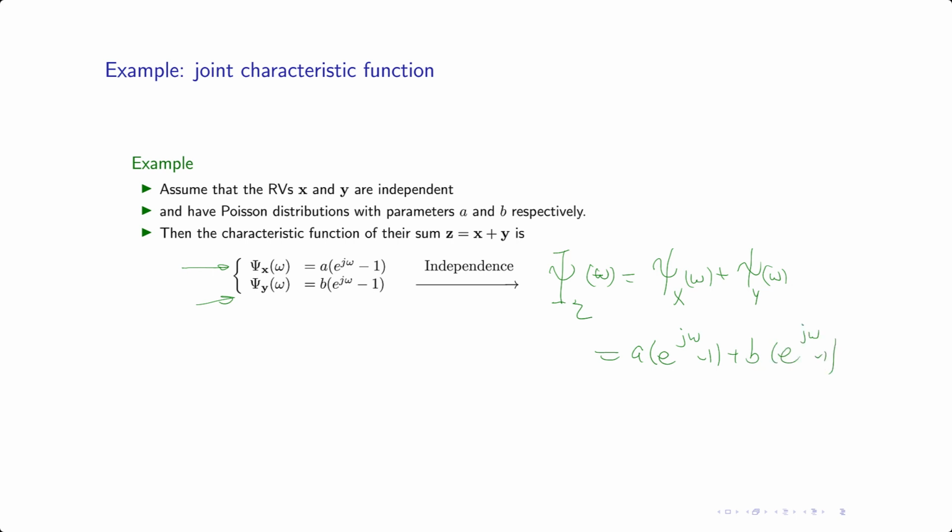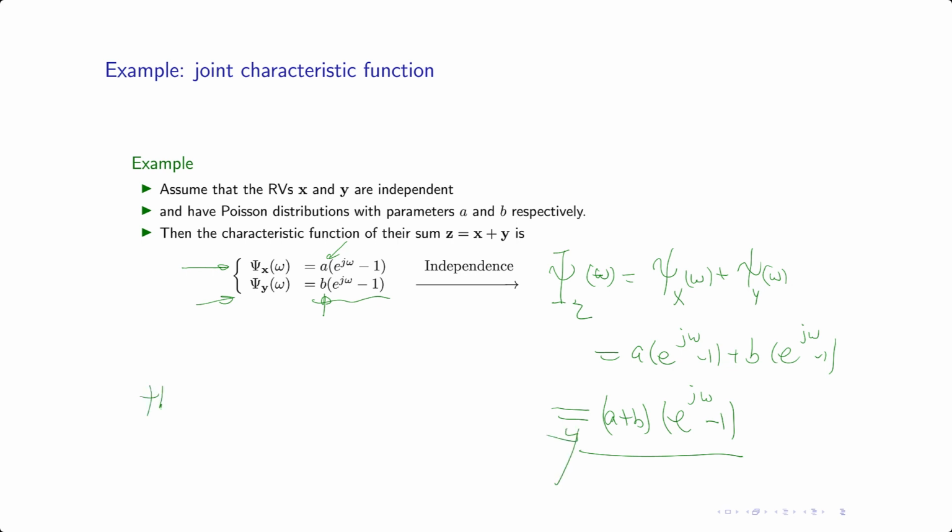Now, if you add them together and simplify, this is equal to (a plus b) times (e to the power of j omega minus 1). So basically, this represents a Poisson distribution, because this is a Poisson distribution with parameter a, this is a Poisson distribution with parameter b, so therefore the sum is Poisson.